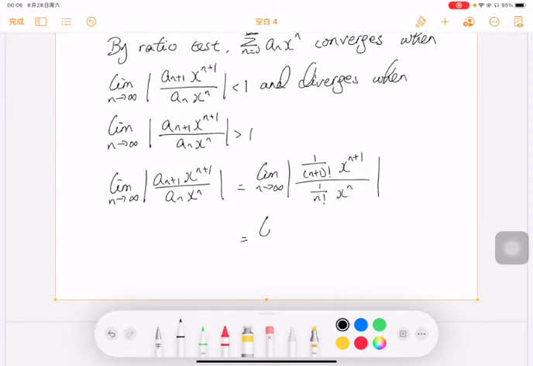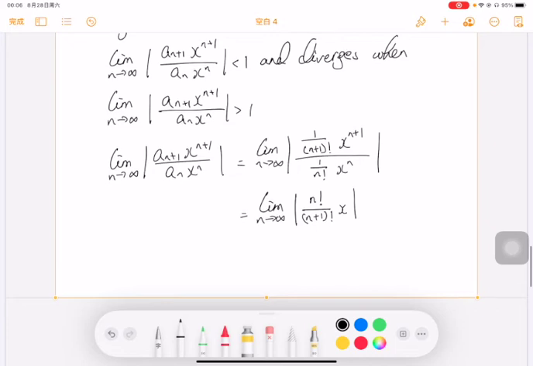Now that's just n factorial divided by (n plus 1) factorial times x. And that is the limit of n go to infinity of x over n plus 1.